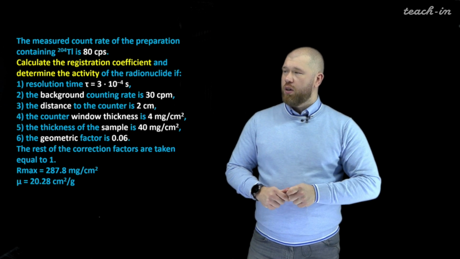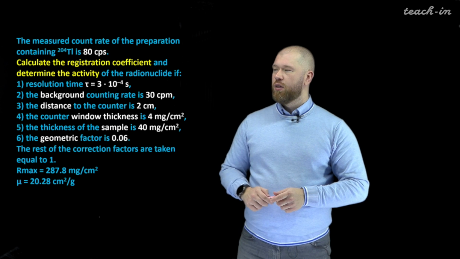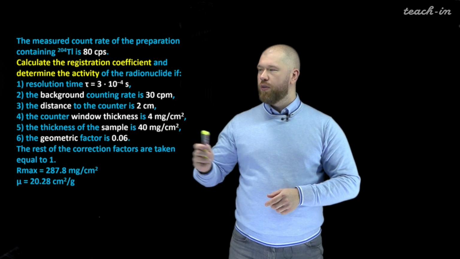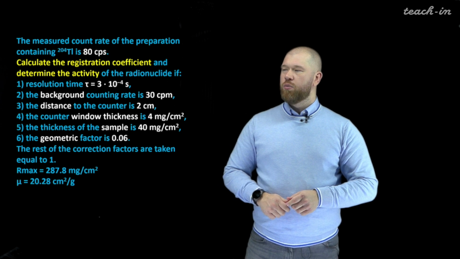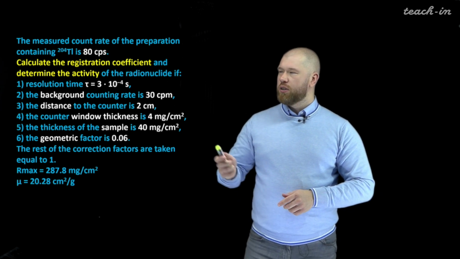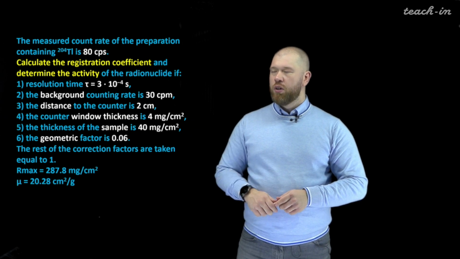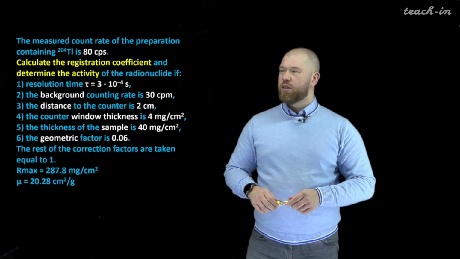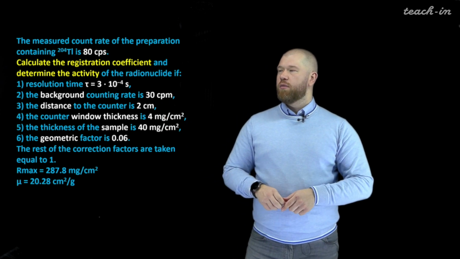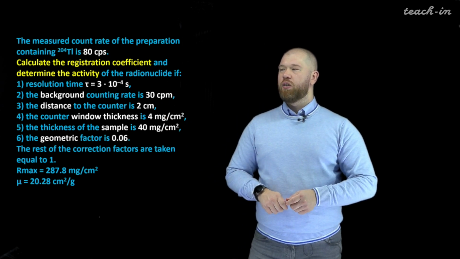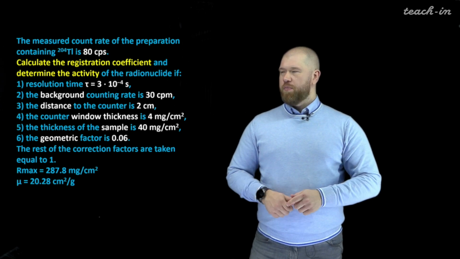First of all, if you look at the thickness of the sample or the thickness of the counter window, you will see that there is not a usual unit like centimeter or meter or millimeter, but it is milligram per squared centimeter. What is that?